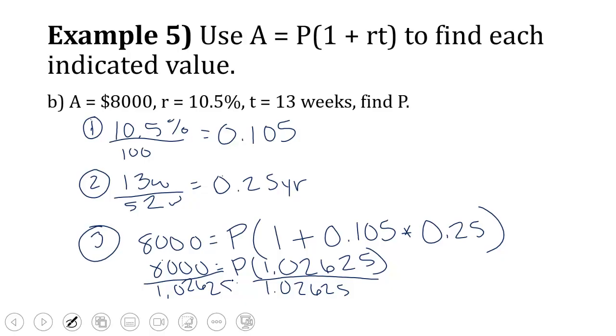So 8,000 divided by the 1.02625, and we should get the P amount. It's dollars. Our principal is dollars. So $7,795.37.